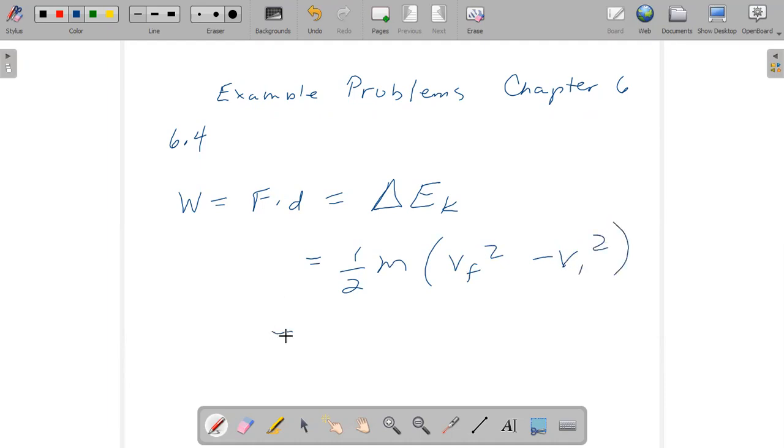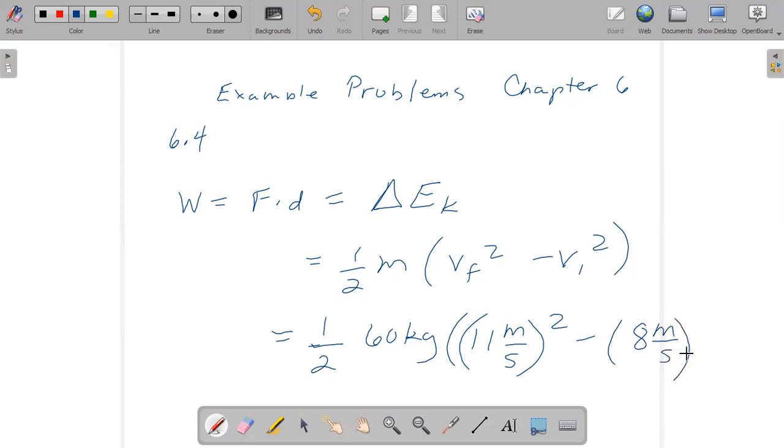So equals 1/2 times 60 kgs times 11 meters per second quantity squared minus 8 meters per second quantity squared. And that's all going to be 1.7 times 10 to the 3rd joules. All right, and that's work done by gravity during that distance.